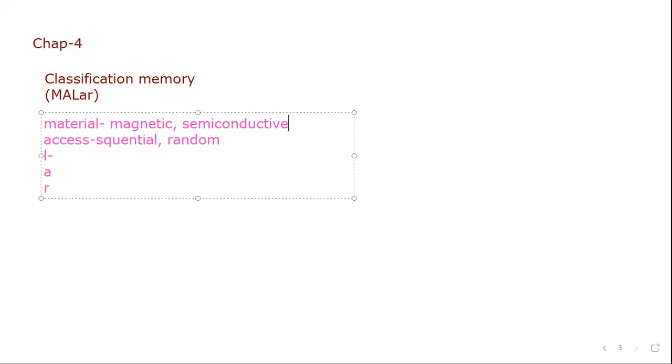The next is location based. L is for location. What are the possible locations for memory, or broadly the types of memory? The different memory locations are register, then main memory, and the last one is secondary memory.